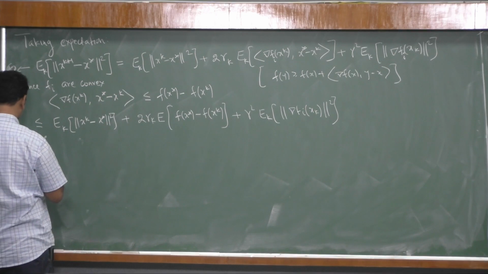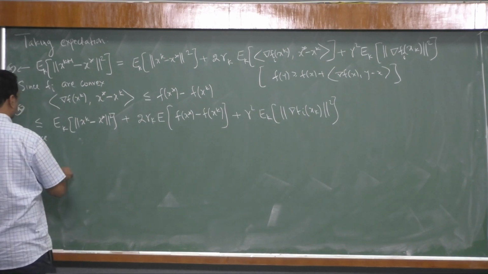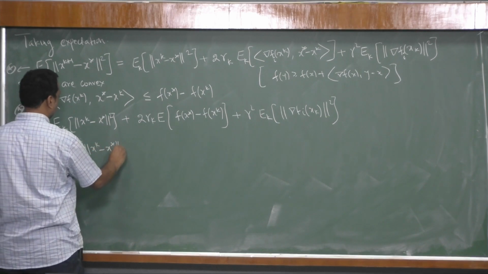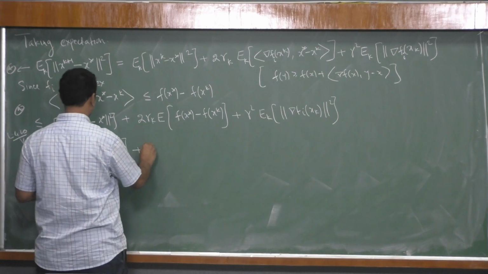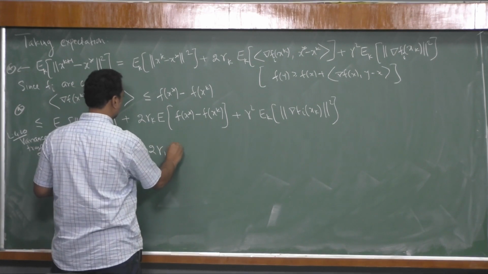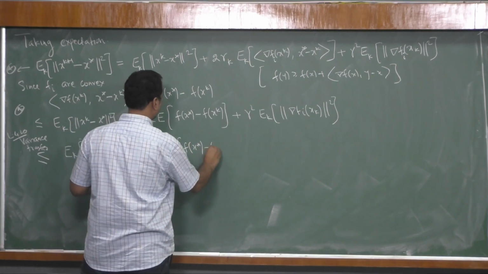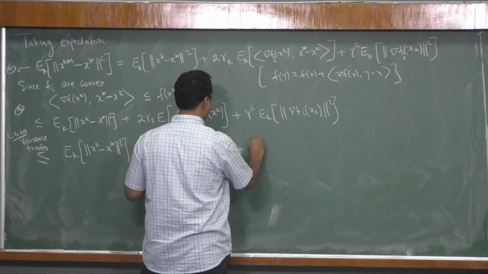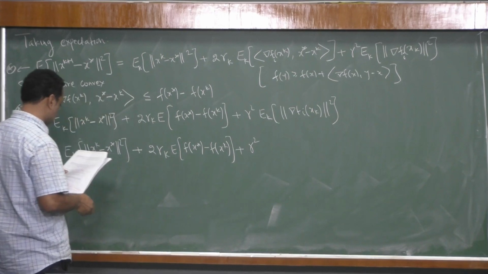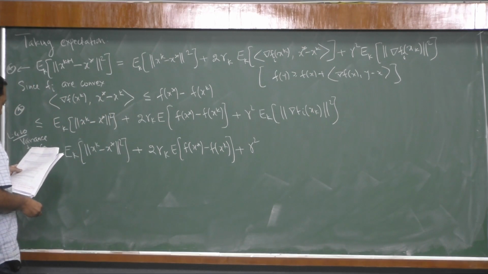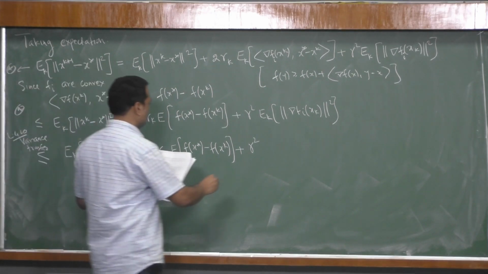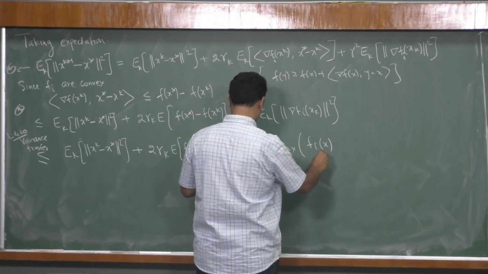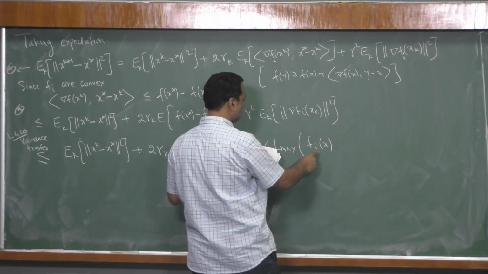So with this, we can write the expectation of norm xk minus x star, whole square, plus 2 gamma k expectation of f(x star) minus f(xk), plus gamma square, and we apply the variance transfer, and that says that this must be less than or equal to 4 L max. That's why it's called variance transfer, because the variance is transferred to the function values.